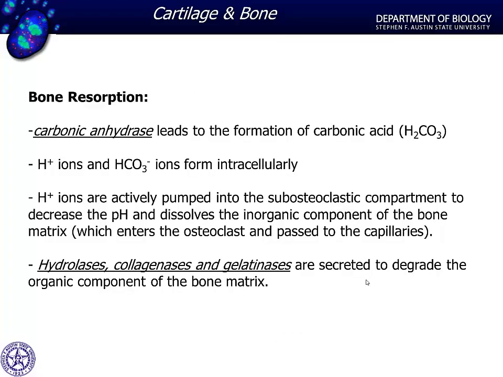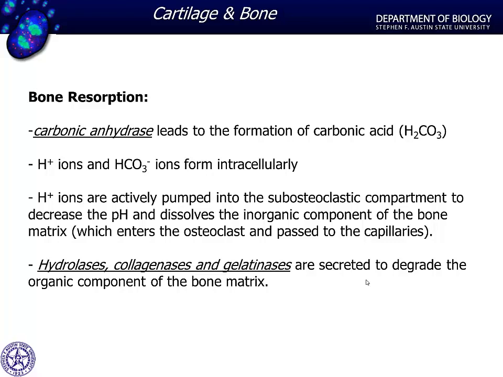Now, how do we resorb bone, this calcium phosphate rich matrix? What we are going to be using is carbonic anhydrase. Now, carbonic anhydrase, we have heard of this before in physiology in a number of places. Red blood cells, the kidney, well, we're using it again.